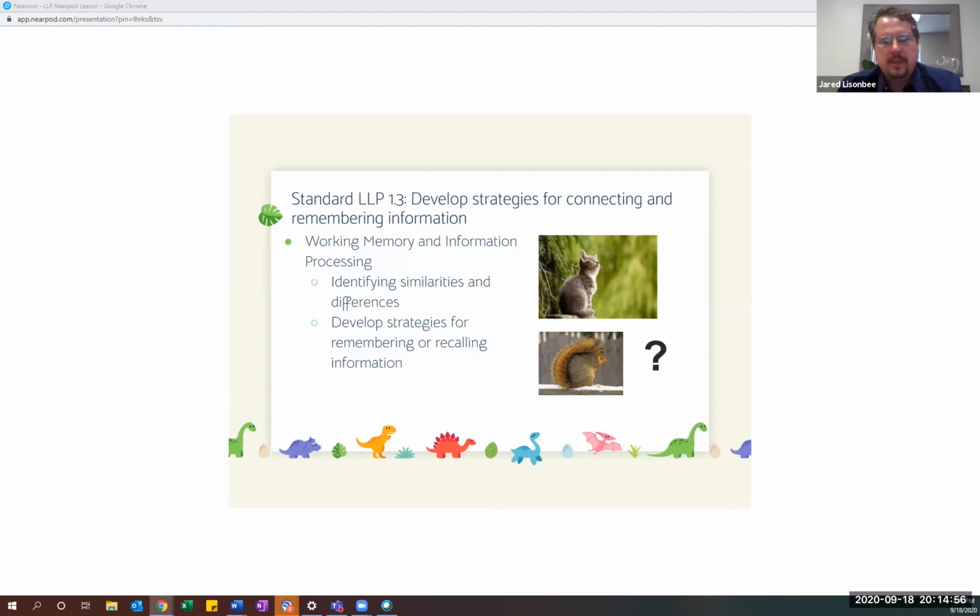These types of interactions where we're helping children to take the conceptual understanding and do something with it in order to be able to generalize and connect additional information is at the core of this standard here, encouraging children to develop strategies for connecting and remembering information.